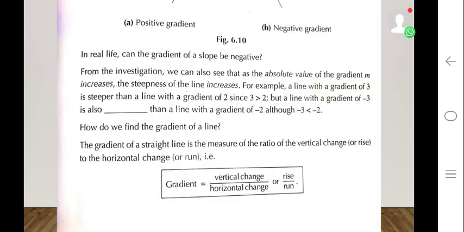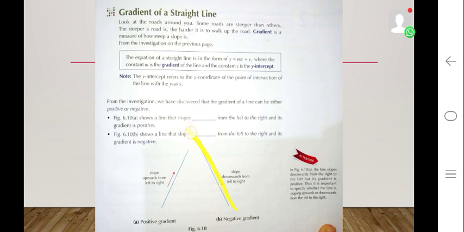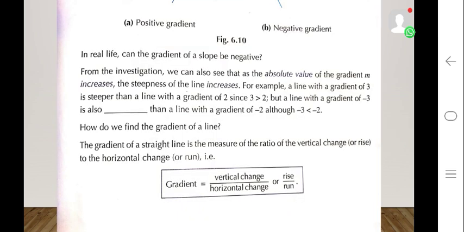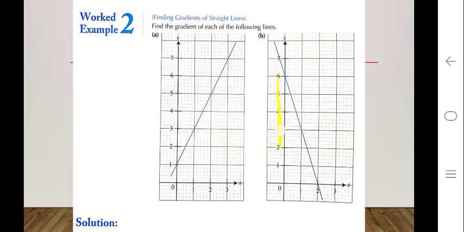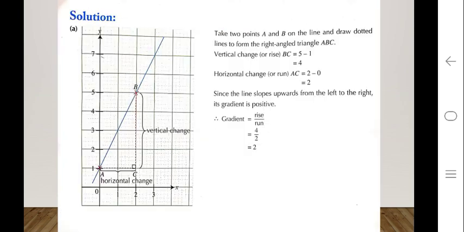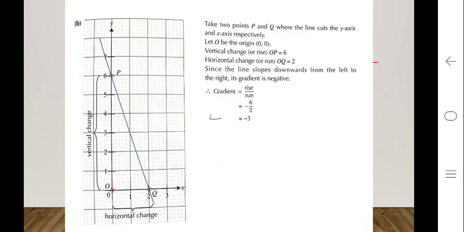Remember just now? When it slopes downwards, it is a negative gradient. So we have 3 from 6 over 2, and then we put the negative sign, so it should be negative 3. Let's look at the answer. Yes, negative 3. Very nice. They take the same coordinates as me.